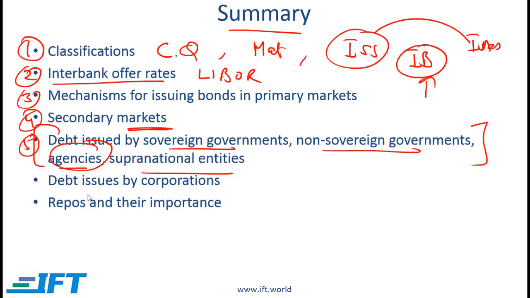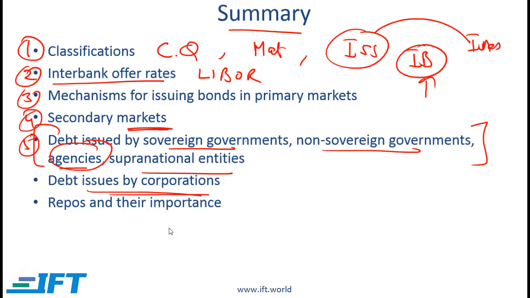Companies can raise debt in different ways. Companies can either borrow directly from banks, or companies can issue short-term bonds, long-term bonds. Some large financial institutions also issue commercial paper.